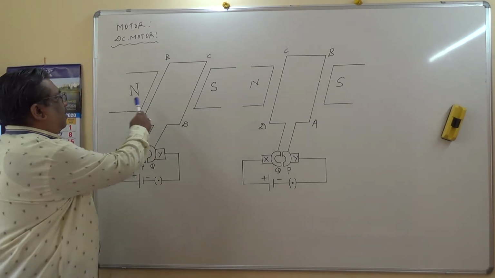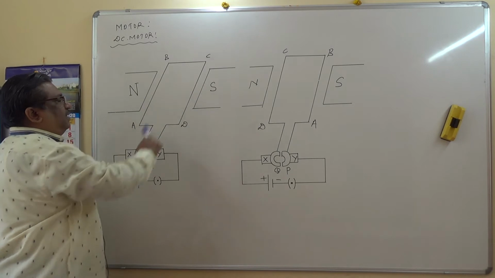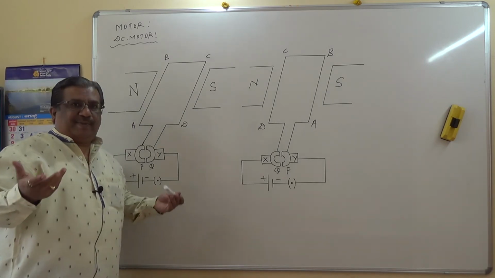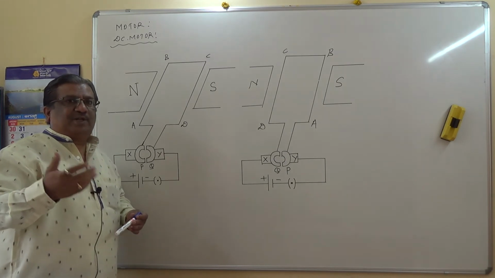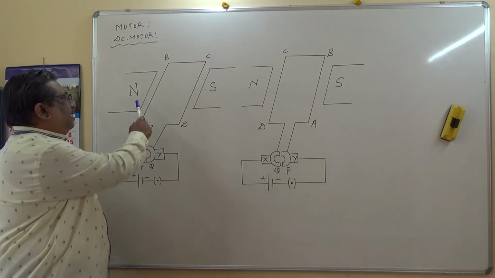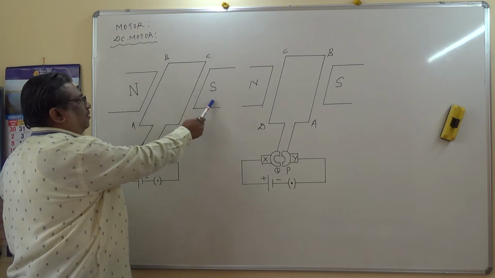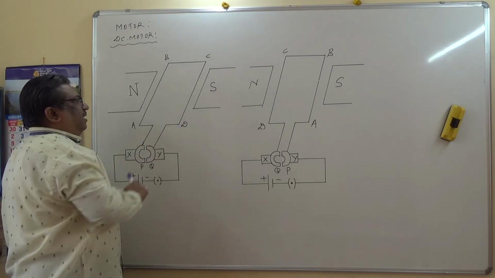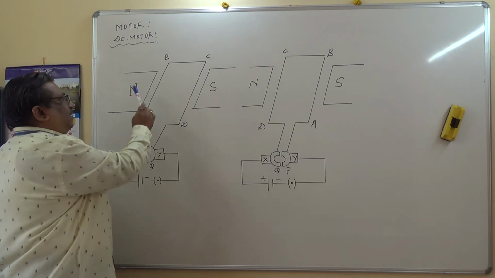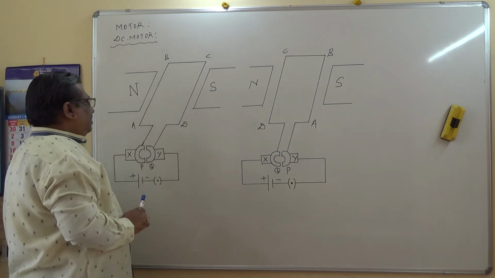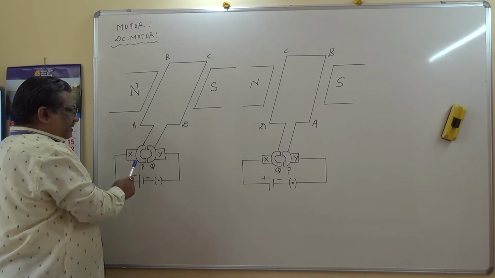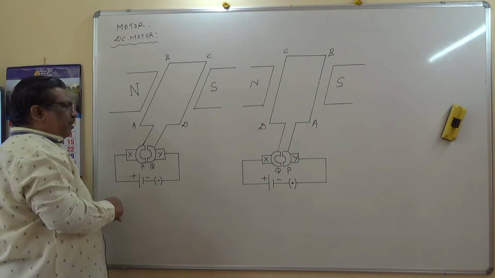See, N and S, north and south, these are the permanent magnets, or of course we can use electromagnets also, which are much more powerful. N and S, north pole and south pole, are the two permanent magnets. ABCD is a rectangular coil which is placed inside the magnetic field. The ends of the coil ABCD are connected to a split ring commutator.